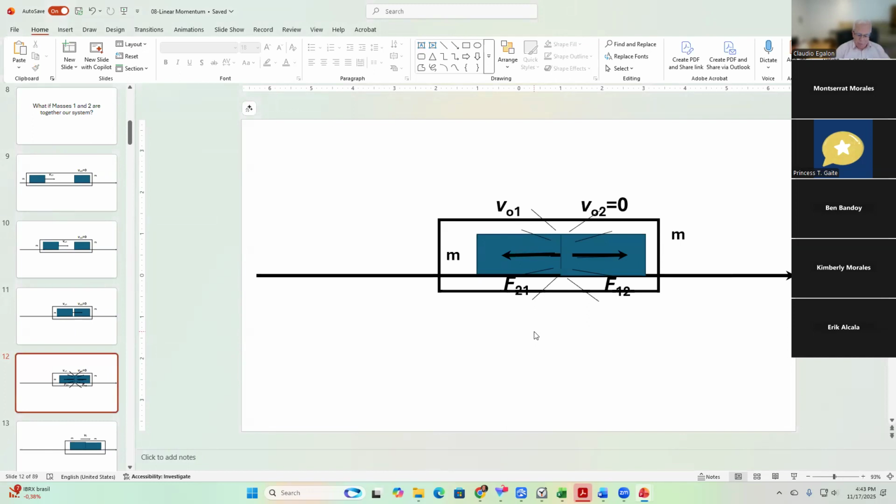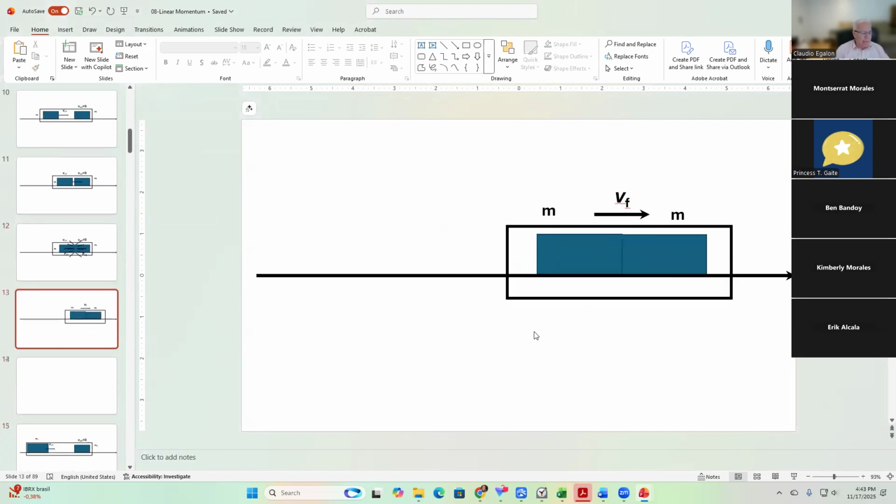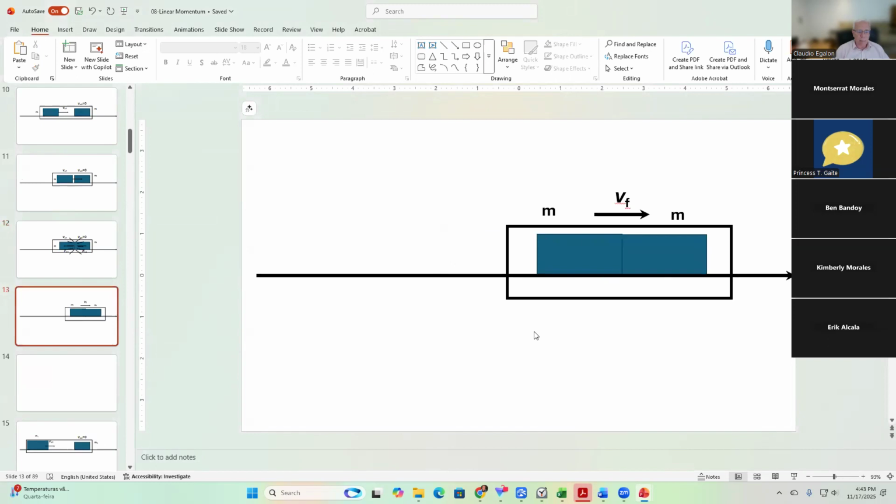So this tells me that if I choose my system properly as being the two masses that are interacting with one another, the linear momentum will be conserved. That's the whole trick, the whole secret of conservation of linear momentum: you have to choose your system properly.